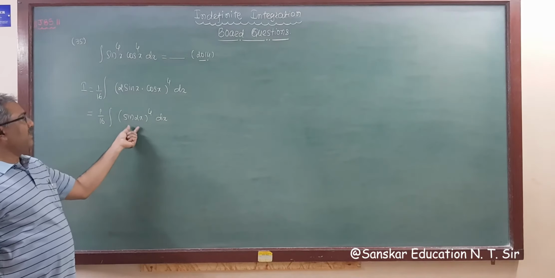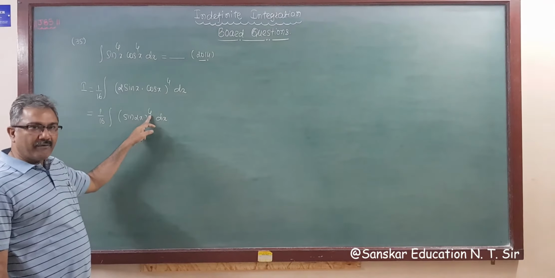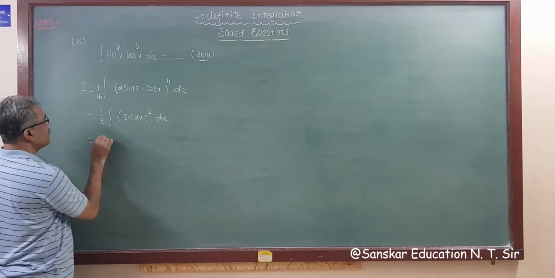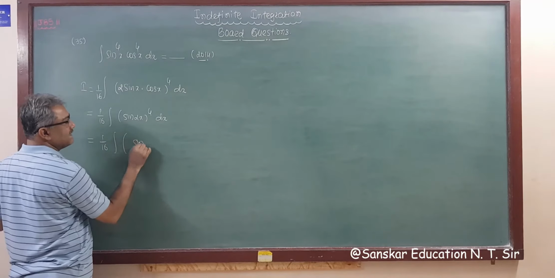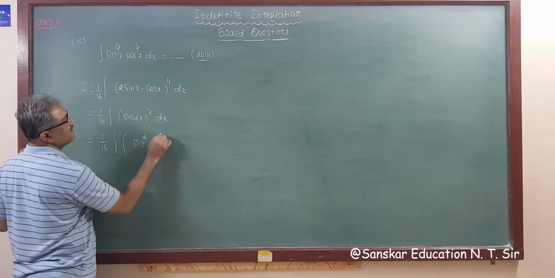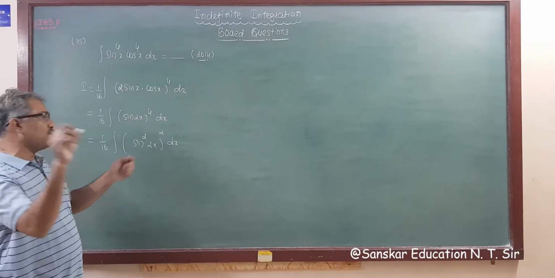Now there is no formula for this, and as you know, this is power 4. So we have to reduce the power of sine, that is (sin square 2x) whole square dx, and sin square theta is (1 minus cos 2 theta) by 2.